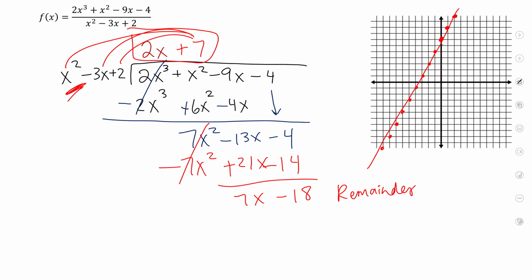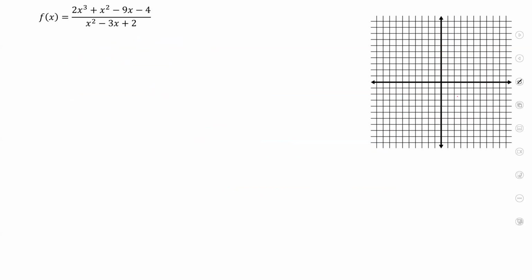Now, if you want to be able to graph this fully, you guys are going to have to factor this, okay? And can I erase this part? Y'all have it? Can I erase it? Okay, the slant was 2x plus 7. This is the slant. 2x plus 7 was a slant.